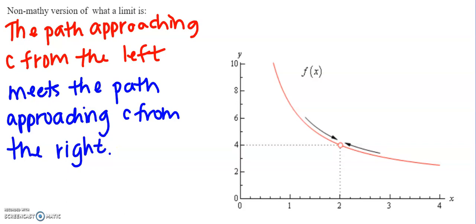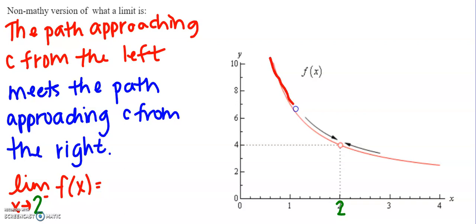So in this case, our C value, I'm going to say that C is equal to 2. So if I were to take the limit as x goes to 2 from the left, so my path leading to 2, my function height from the left, has an intention of landing at 4.